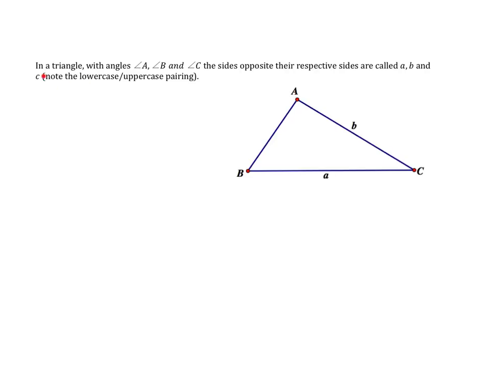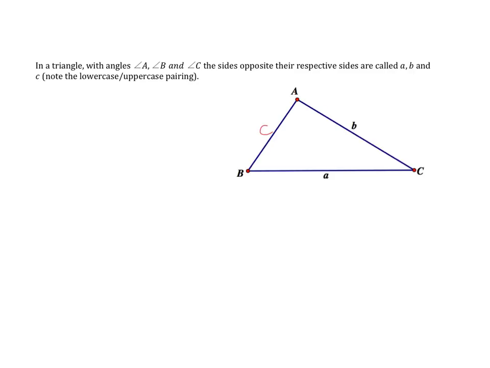This is an important concept: in a triangle, angles A, B, and C, the respective opposite sides are called a, b, and c, with lowercase, uppercase pairing. So across from A is lowercase a, across from B is lowercase b, and across from C is lowercase c. That pairing is going to be helpful for this formula.